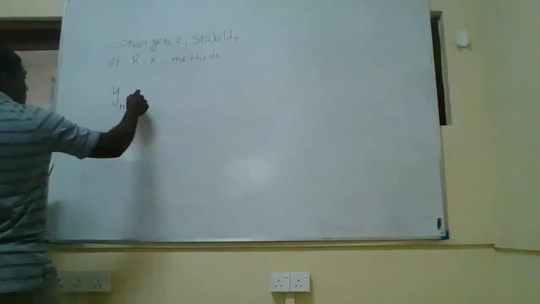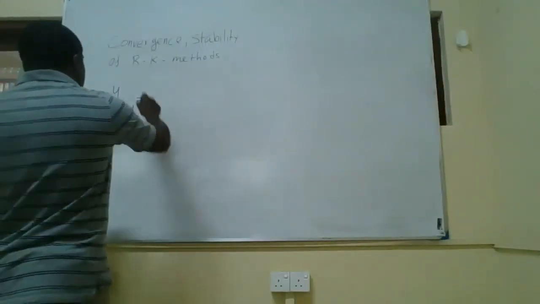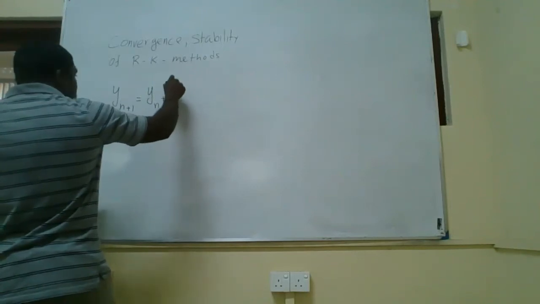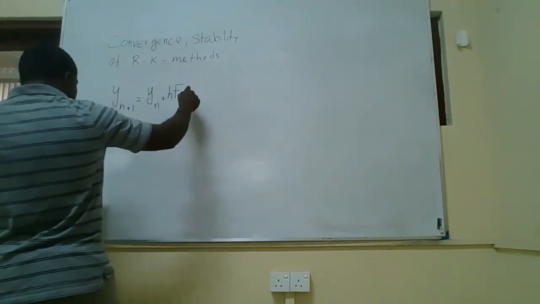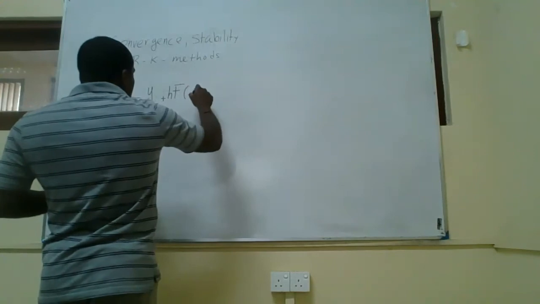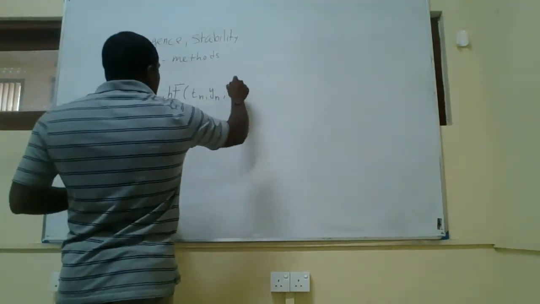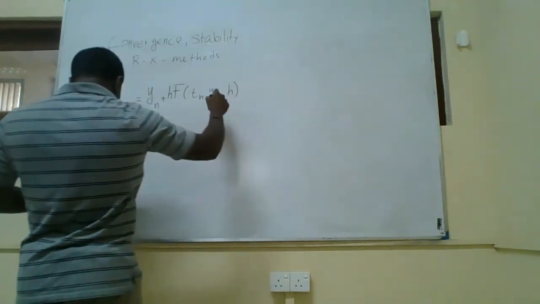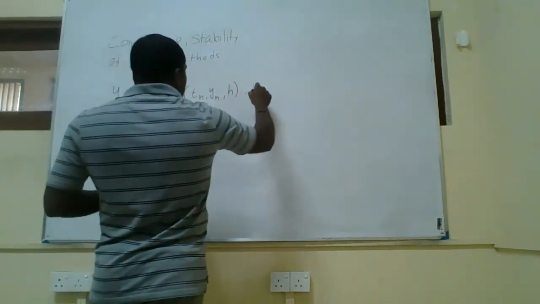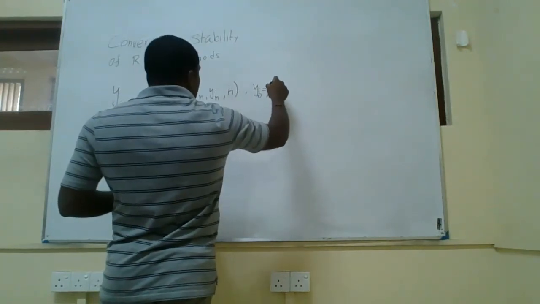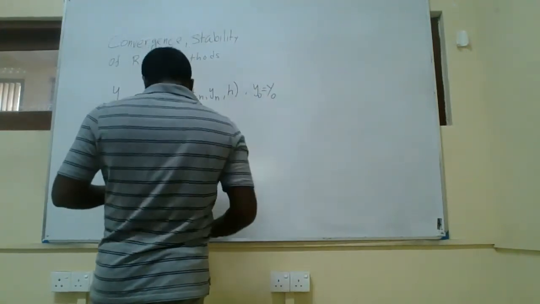y_{n+1} is equal to y_n plus h times capital F of t_n, y_n, with h, and y_0 is basically y_0.